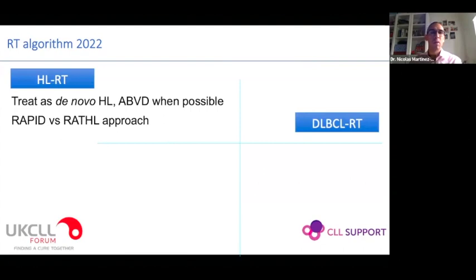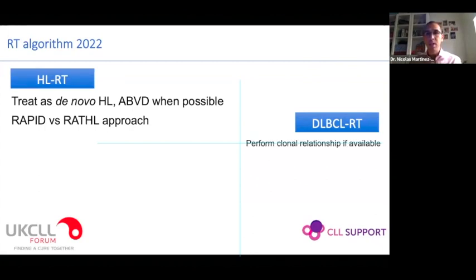You could choose a RAPID versus a full-course approach, depending on whether the disease is early stage or advanced stage. That is sometimes not easy to demonstrate, because if you have lymphadenopathy and then on top of that Richter's, then it's difficult. So treat as advanced stage if any doubt.